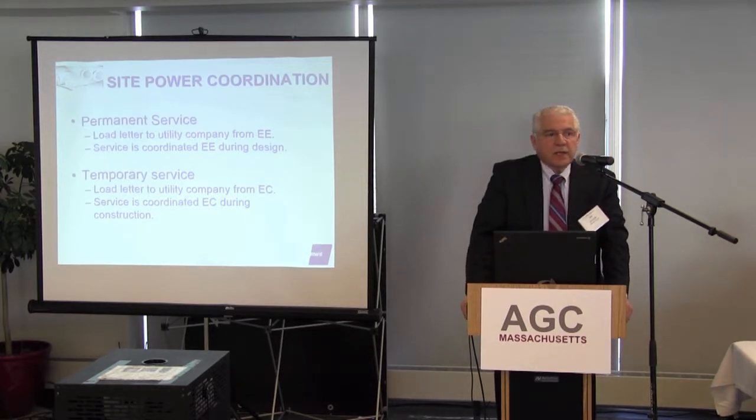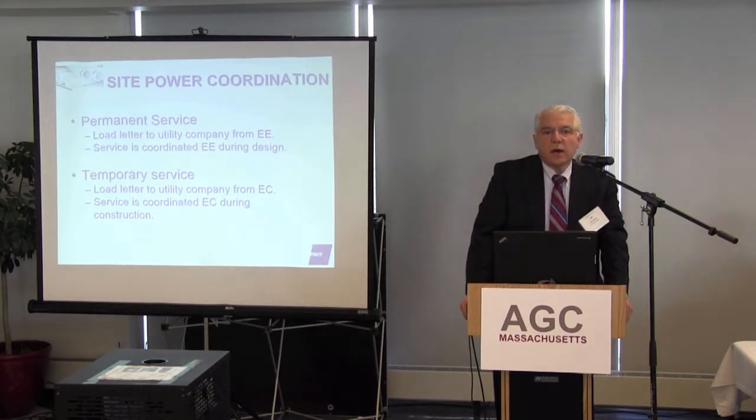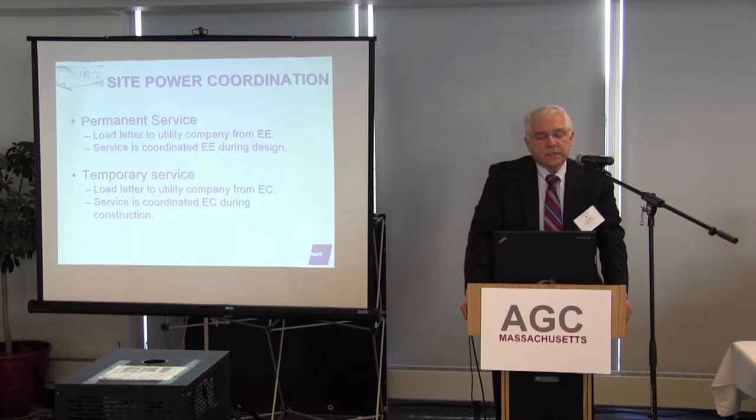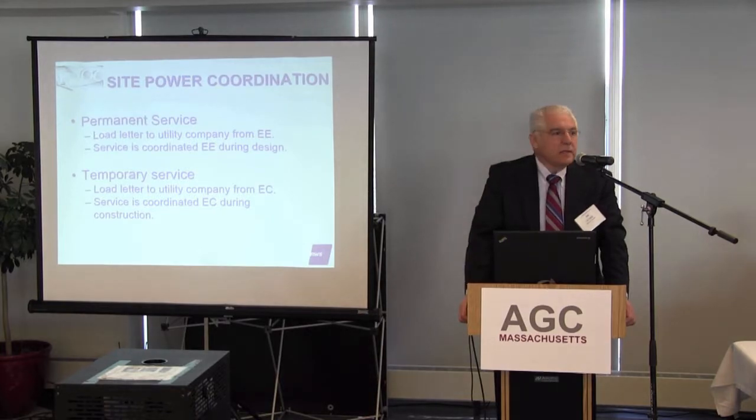Then, once you get the building out of the ground, you have the temporary lighting and power throughout each floor. So it's a sizable service that's required, and it's a very intricate coordination with the utility company to get what you need when you need it.